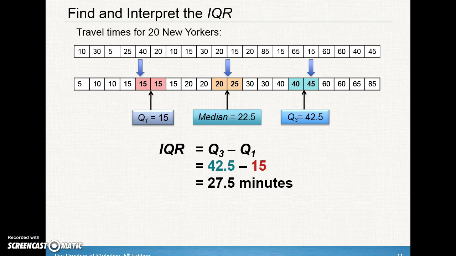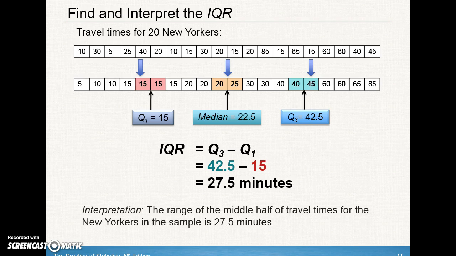So we're taking the average of the two 15s, which is 15, and then we're taking the average of 40 and 45, which is 42.5. So the IQR is the difference, 27.5 minutes. Okay, so how do we interpret this? We say that the middle half of all the travel times, from the first 25% to the 75% margin, spans 27.5 minutes.